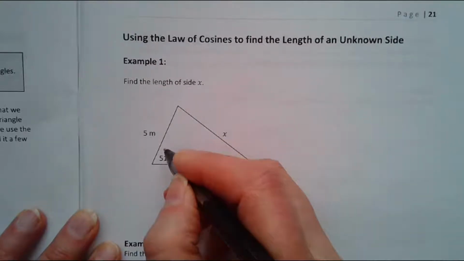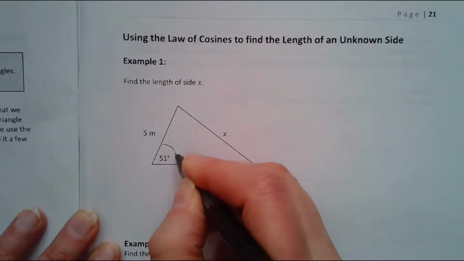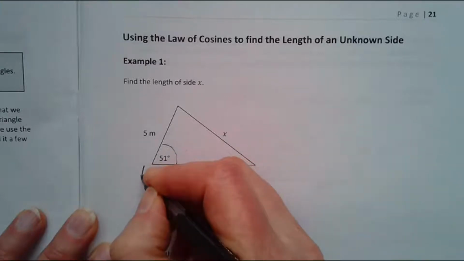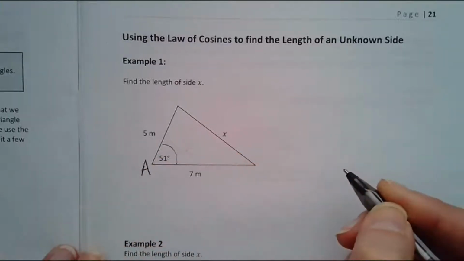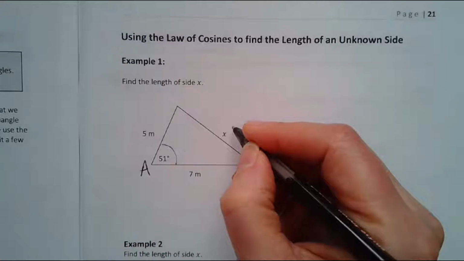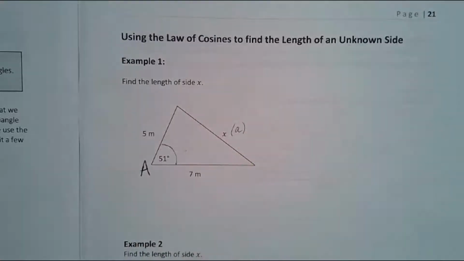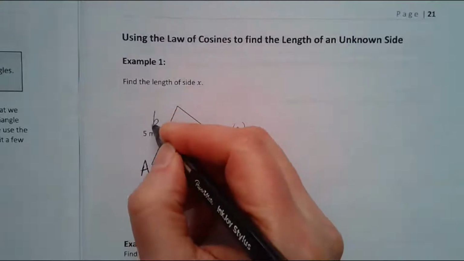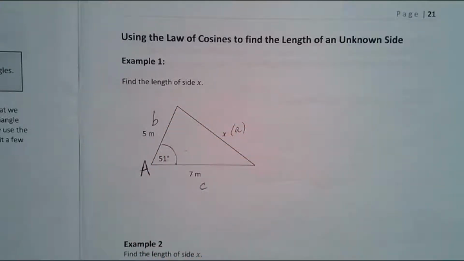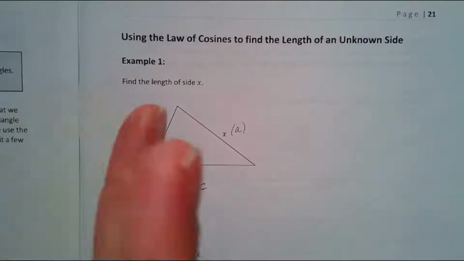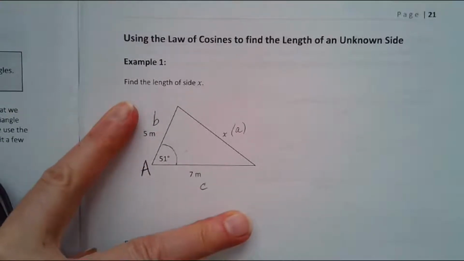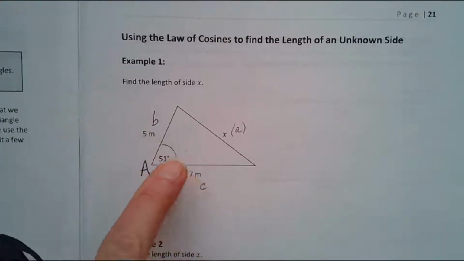So I look at the angle I'm given, and I'm going to call this angle A. So this could be known as side A, even though they're calling it X. And these are my two sides given, like this would be B and C. And it doesn't matter which one goes where. You could call this angle B, this angle C.